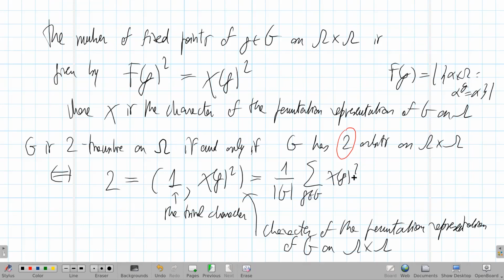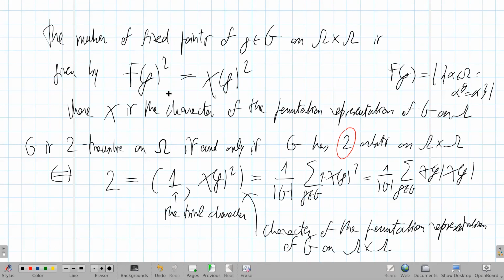Well, I just wrote chi of g squared because, of course, there's a 1 in the scalar product. But there's a more entertaining way of writing this, because I can split the square in two. Let me write it first as chi of g, and of course there's a square.